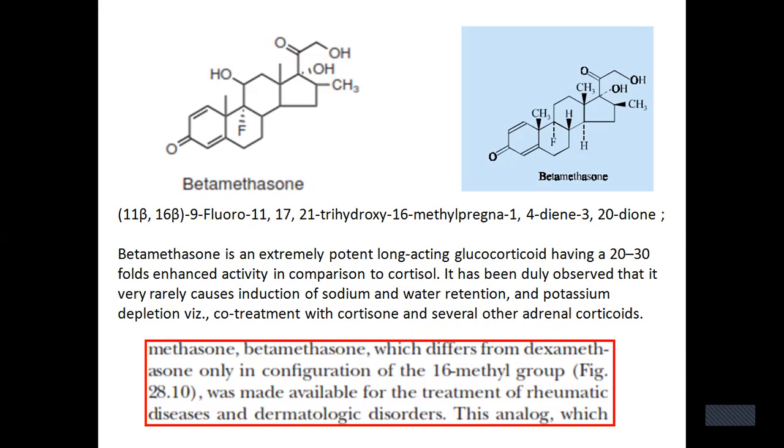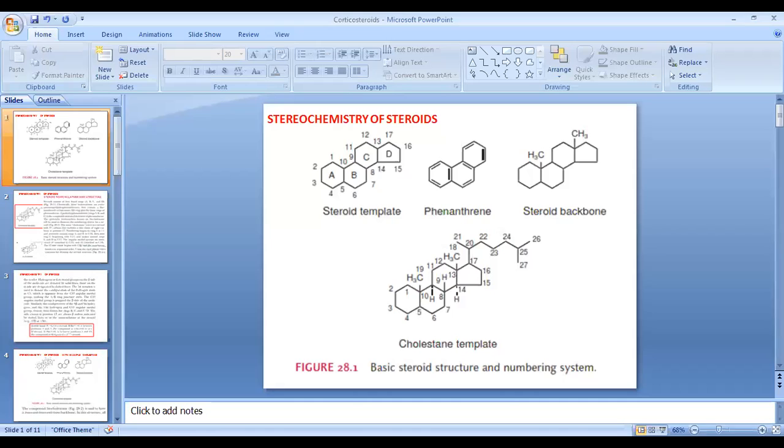So you can easily write, and mainly they differ from each other by glucocorticoid or mineralocorticoid activity, then potency. So these are the 5 to 6 drugs we have to study. That comes to the end of the slide, and with this we can stop the video.